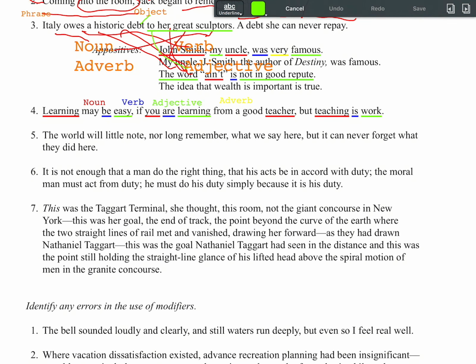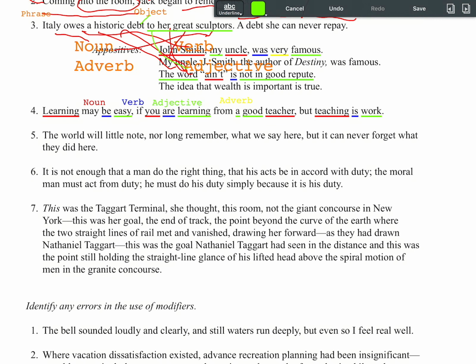Go to green. So good modifies teacher, that's totally an adjective. A modifies teacher, also an adjective. From is one of those grammar words rather than a word about stuff. So it makes the phrase from a good teacher. I think it's part of an adjective phrase.